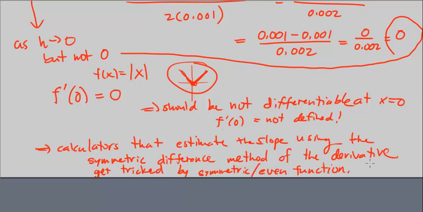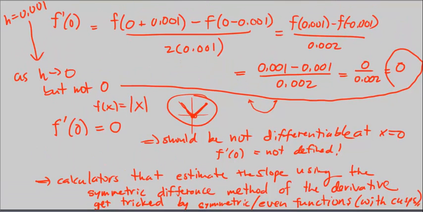Well, some even functions do have a derivative, like x squared. But symmetric even functions with cusps. All right, so that's the explanation for why some calculators get it wrong, like the TI-83 and many others.